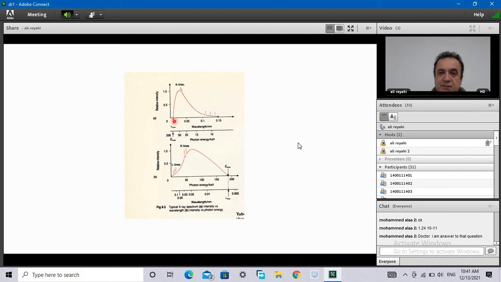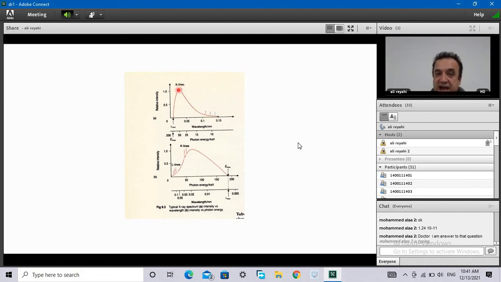It is the minimum lambda. It is the maximum energy when electrons strike directly the nucleus. It is produced here. And then we have a peak of intensity and a drop of intensity for continuous X-ray.